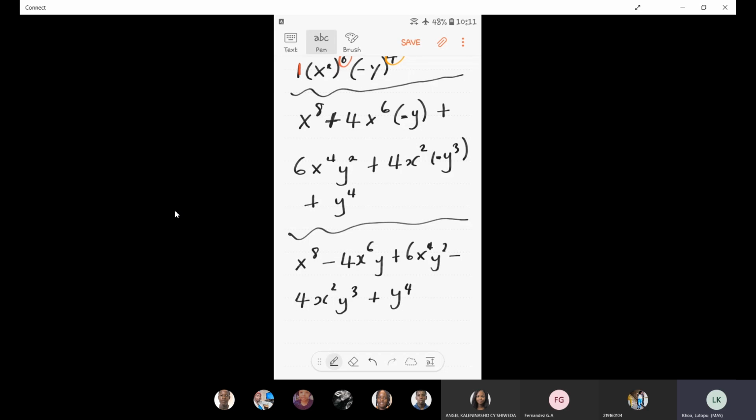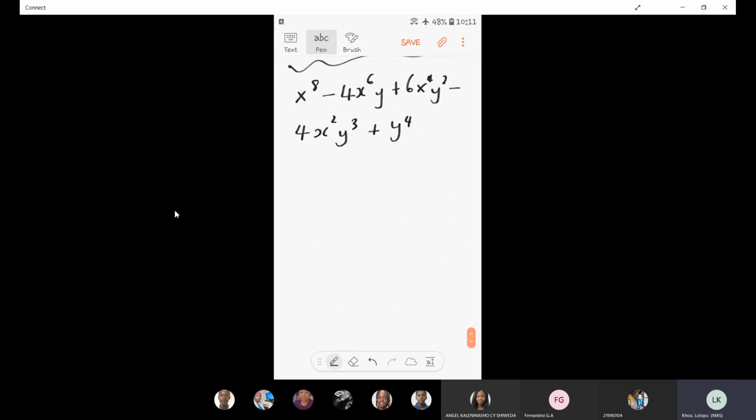Let us do just one more very quickly. Let's say I have x minus 1 over x to the power of 3. So again, I will use my Pascal's triangle, and I'm using level 3 because the exponent over here is 3.